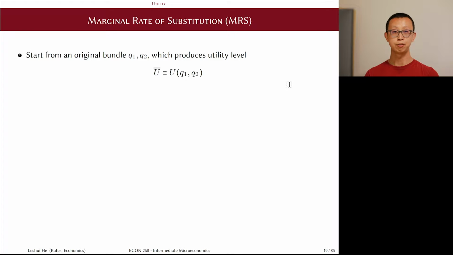So starting from any particular fixed indifference curve, the definition of an indifference curve is that any combination of Q1 and Q2 going through the utility function would give me exactly the same reading. Now, with the ideas on the previous slide fixed, hopefully it is now reasonably easy to see that an indifference curve is in fact just a combination of coordinates of Q1 and Q2 such that the utility function measured on all such points will give a constant reading of U bar.